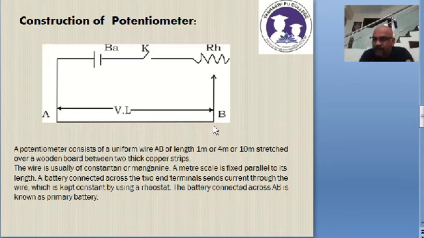So what is the meaning here? Very simple. The potential difference between any two points on the potentiometer wire is directly proportional to the length of the wire. So remember again, the potential difference or potential drop between any two points, say for example A and some point D, is directly proportional to the length of the potentiometer wire between those two points.